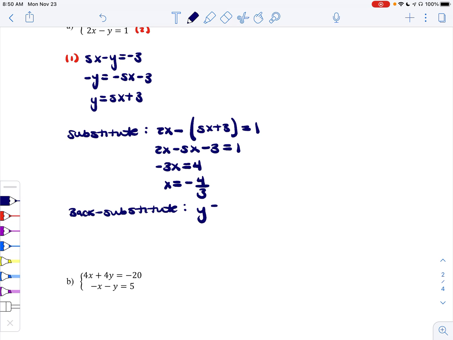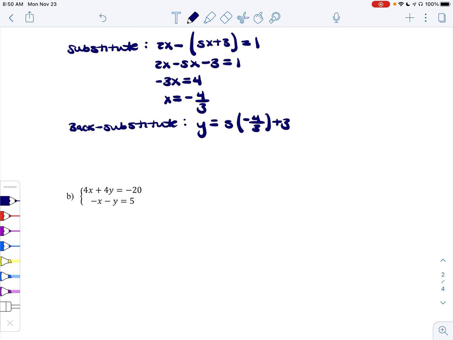Okay, so we would have y is equal to 5 times negative 4/3 plus 3. Okay, so 5 times negative 4/3 would be a negative 20/3. And then if we got a common denominator, our 3 would be 9/3.